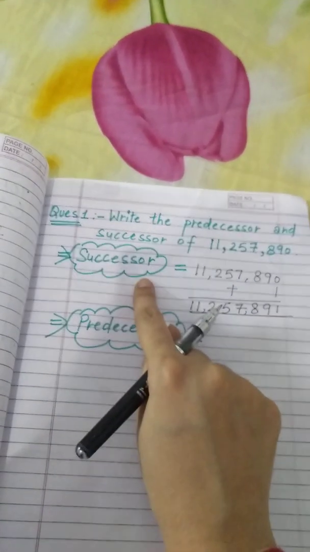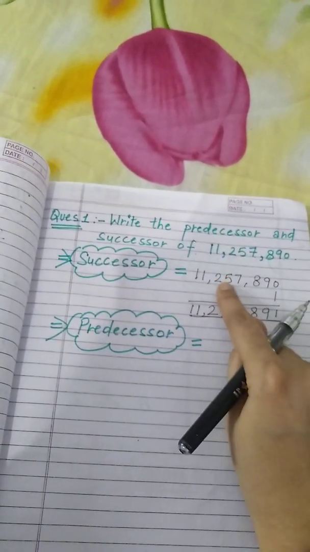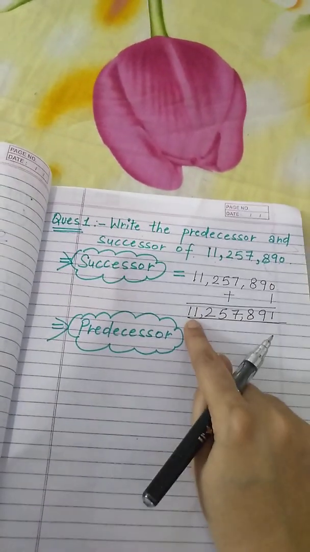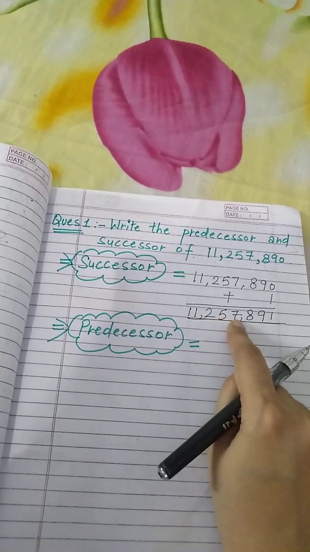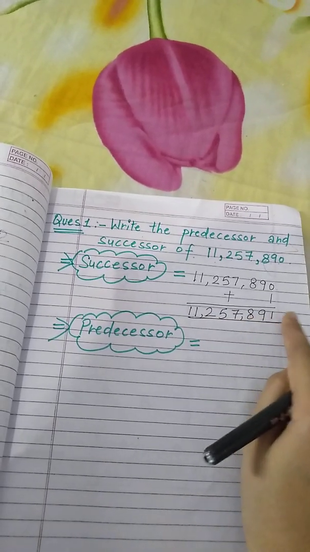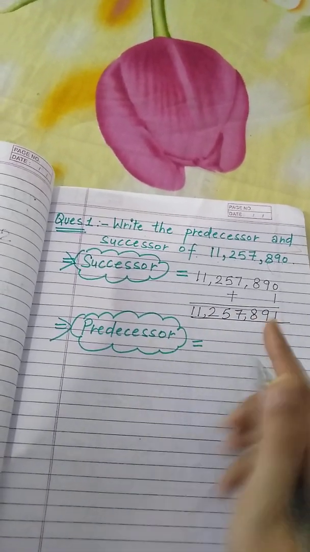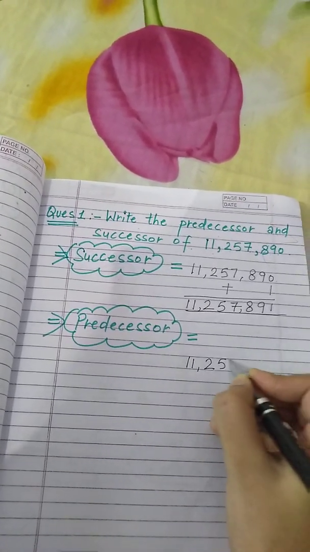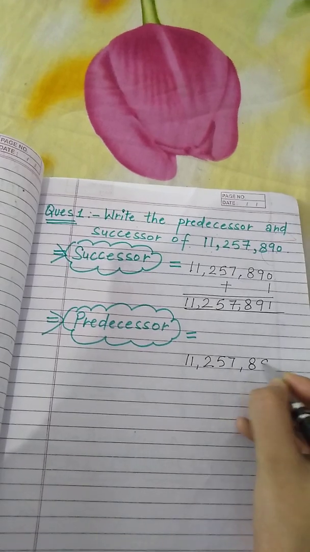So the successor of 11,257,890 is 11,257,891.